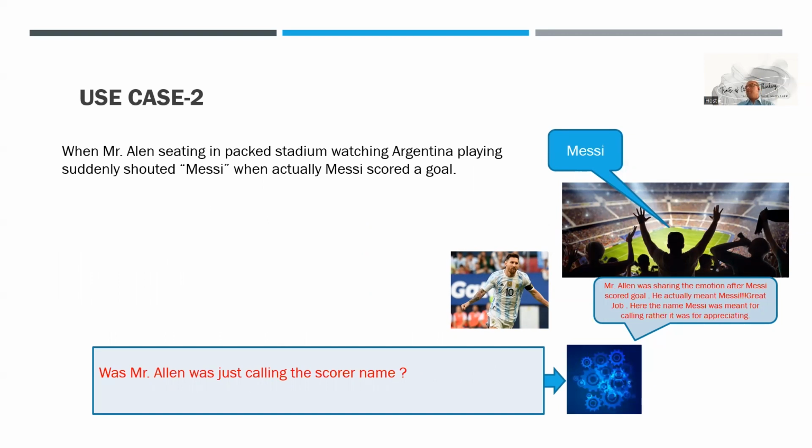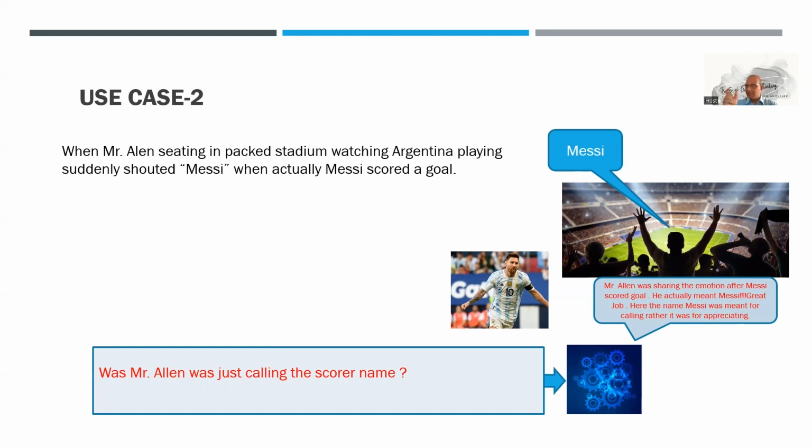He's shouting because he has got excited, either because he has scored a goal, or it could be that he has just missed the goal. That person actually means to say, "Messi, it's good work. Messi, you have done an awesome work. You have scored a goal." Instead of saying that, he said everything in just one word, "Messi".